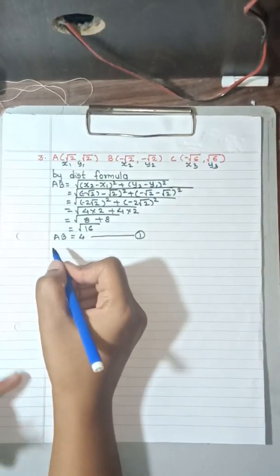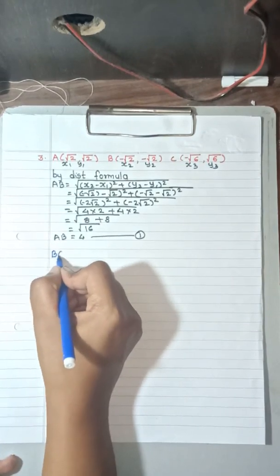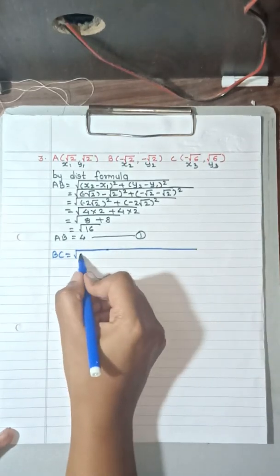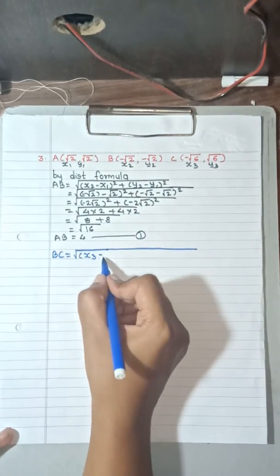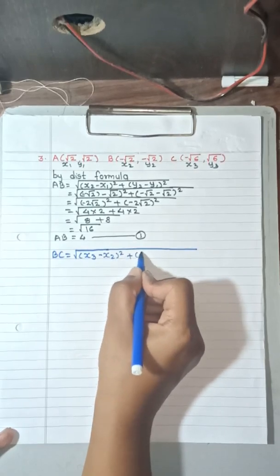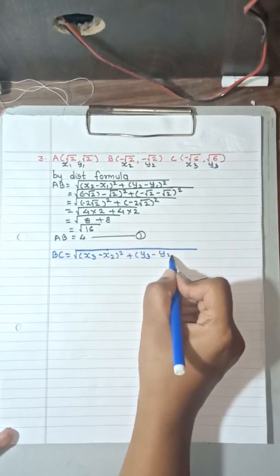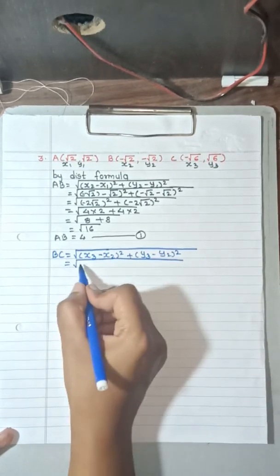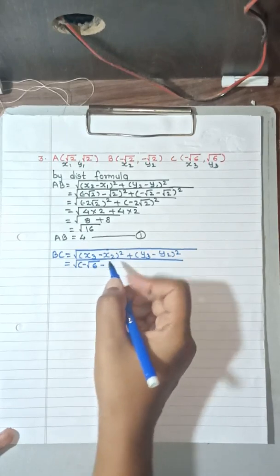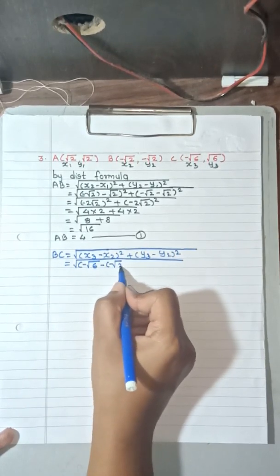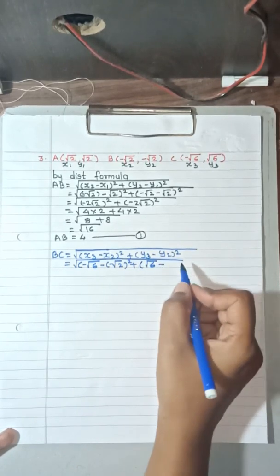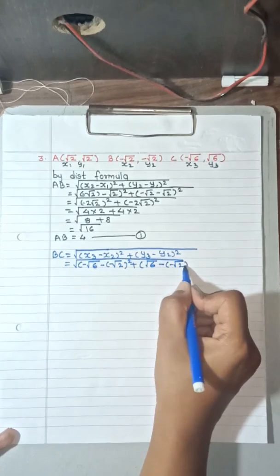Okay, now we'll find out distance BC. BC is equal to under root of (x3 minus x2) square plus (y3 minus y2) square. Okay, so now what is x3? x3 is minus root 6 minus x2 is minus root 2, square, plus y3 is root 6 minus y2 is minus root 2, square.